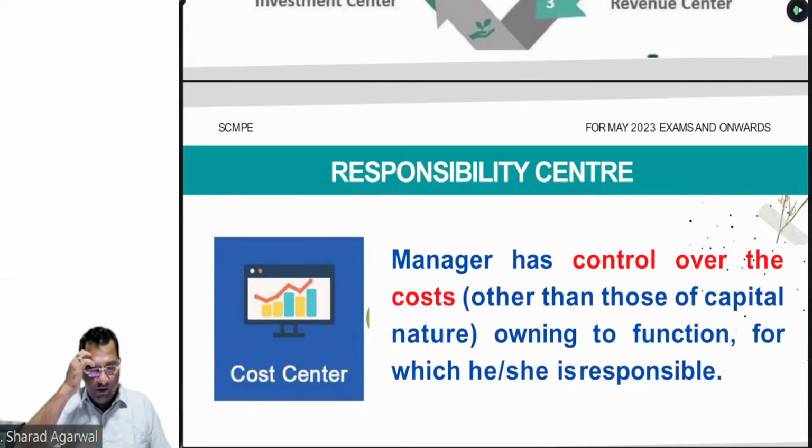तो लिखिए बेटा, हेडिंग दीजिए रिस्पॉन्सिबिलिटी सेंटर. Responsibility center. There can be 4 types of responsibility center. One by one लिखिए. Cost center.